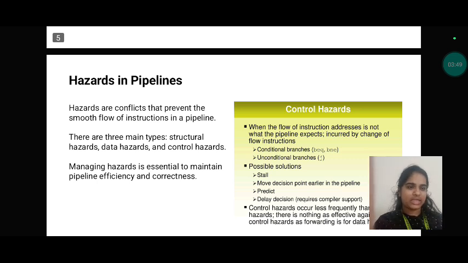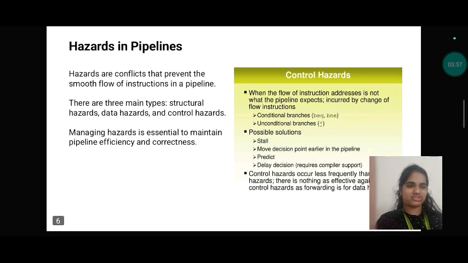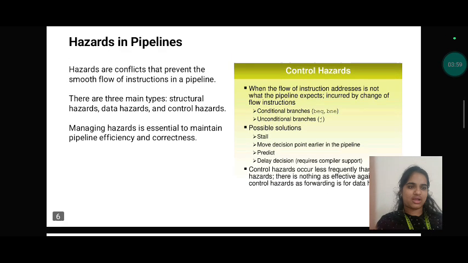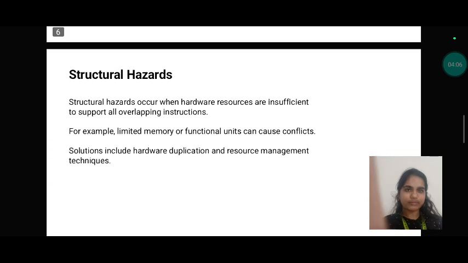Conditional branches are BEQ and BNE. Unconditional branches are the J. The possible solutions are to stall, move the decision point earlier in the pipeline, predict, or delay the decision. Control hazards occur less frequently than data hazards.